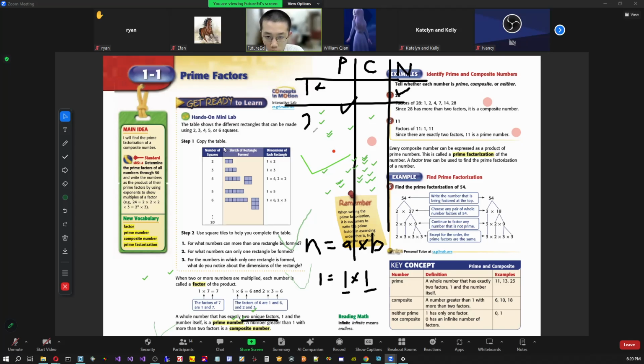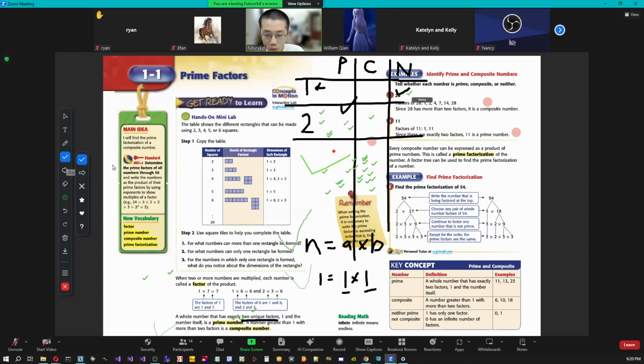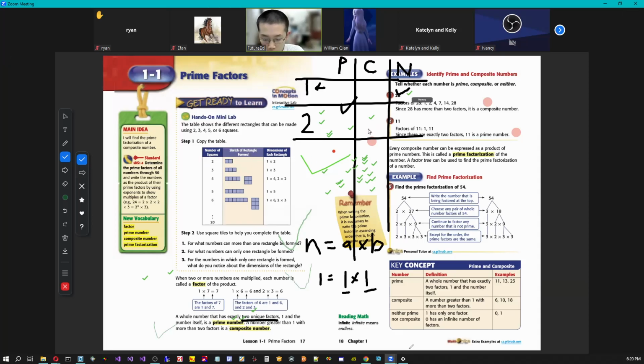What about 2? Can someone tell me whether 2 is prime or composite, please? Ryan, I'd like you to just check mark, please. So why is everyone choosing prime for 2 right now?